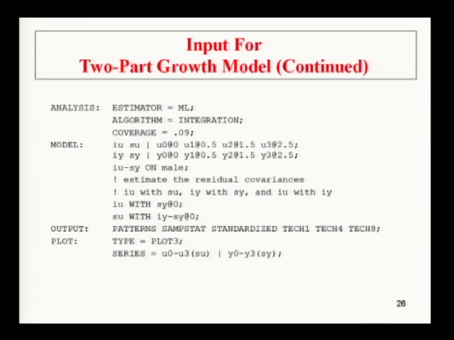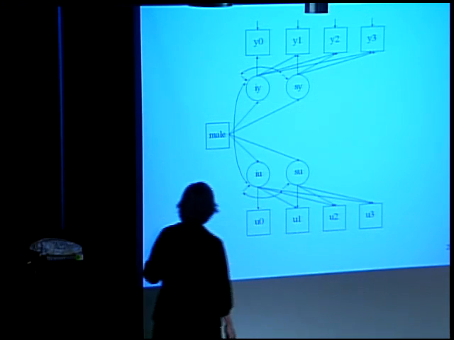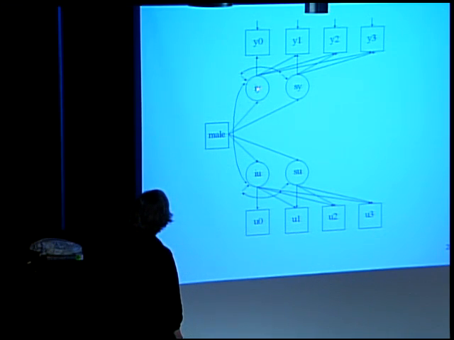If we look at our path diagram, we can see that we're estimating the IY-SY residual covariance and the IU-SU residual covariance and IY and IU. So that is between the two intercept growth factors across processes and, within process, between the intercept and the slope growth factors.